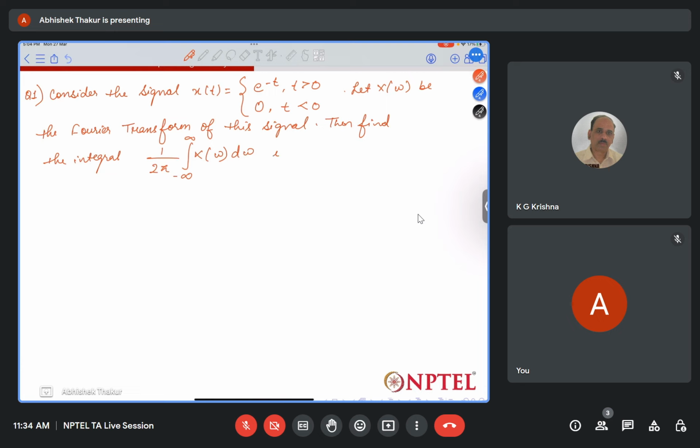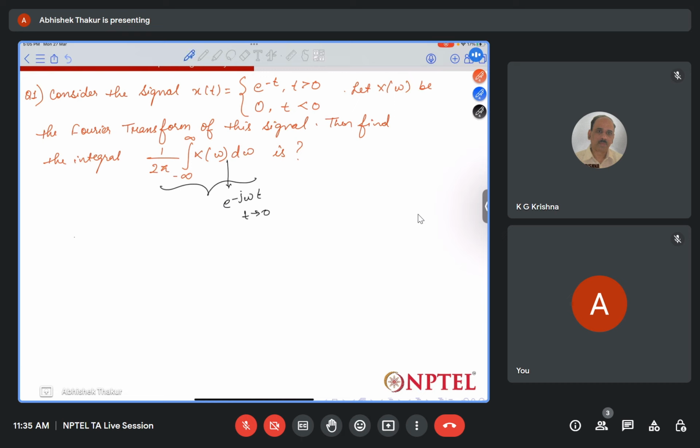In this question, you can see that this formula is similar to the inverse Fourier transform if you add e to the power of minus j omega t and substitute t tends to 0. So we'll do the same thing.